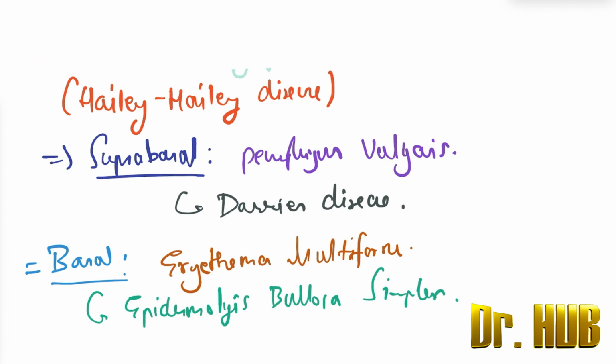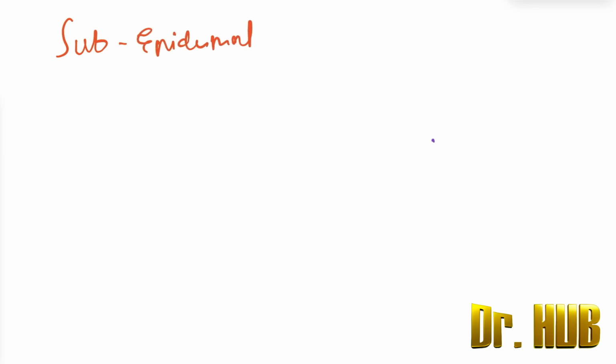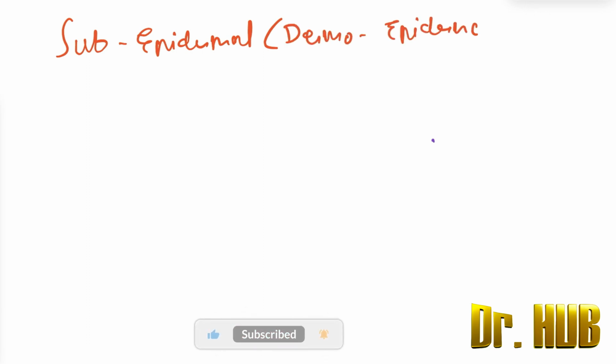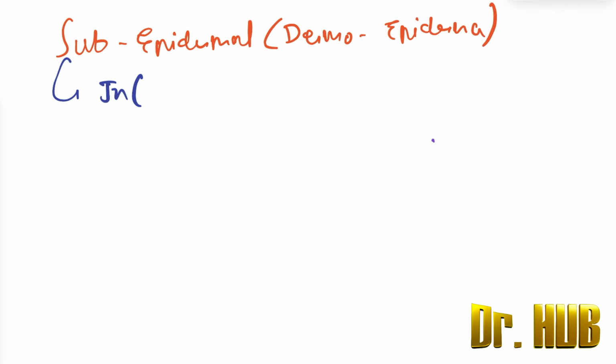Then we move on to the subepidermal category, that is the dermoepidermal. Under this, there is the junctional, that is at the basal lamina.